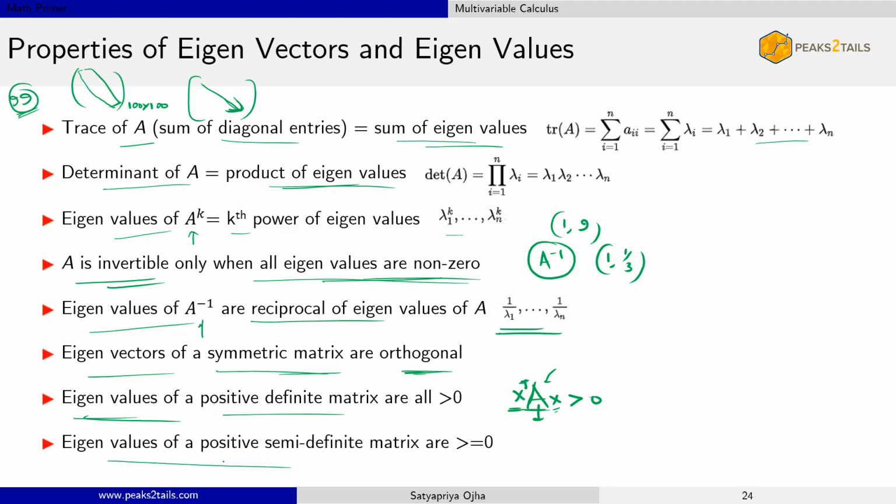Finally, the eigenvalues of a positive semi-definite matrix will be greater than or equal to zero. So if some of the eigenvalues are zero and none of them are negative, then we can say the matrix is positive semi-definite. This is an easier way to prove whether a matrix is positive definite or positive semi-definite, purely by looking at the eigenvalues.